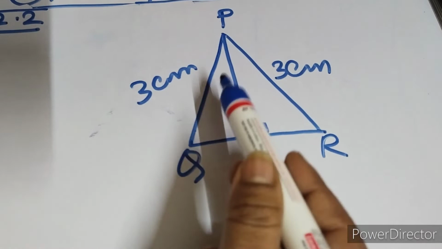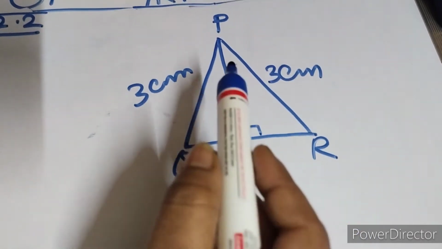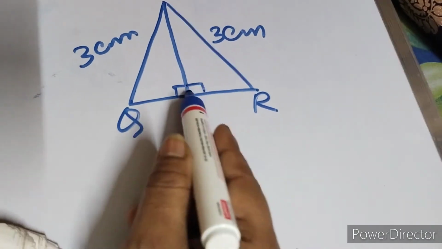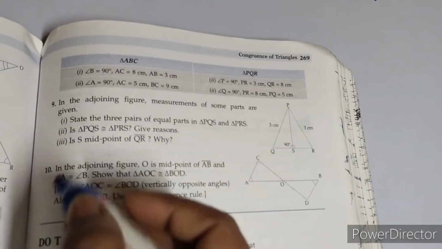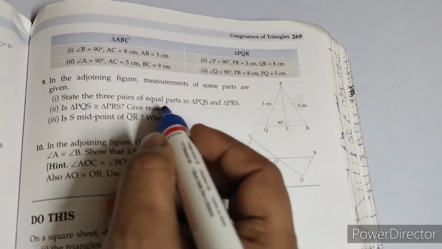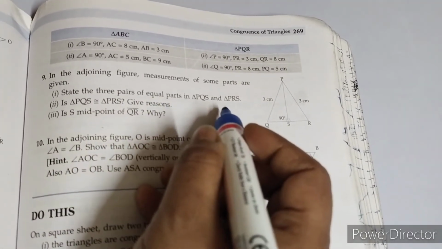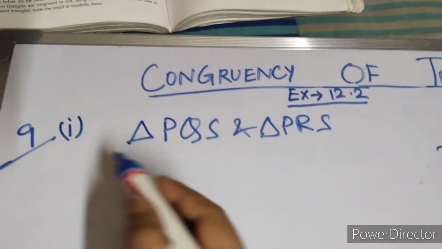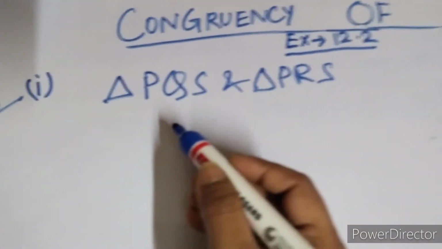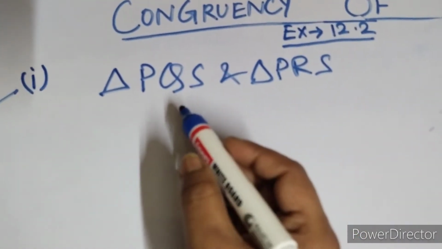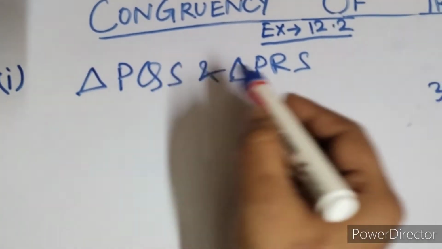PQ is 3 centimeter, this is also 3 centimeter, and this angle is 90 degree. State the three pairs of equal parts in PQS and PRS.